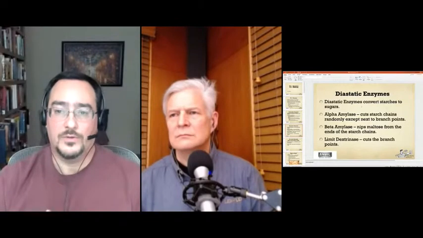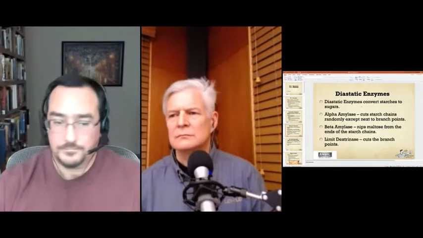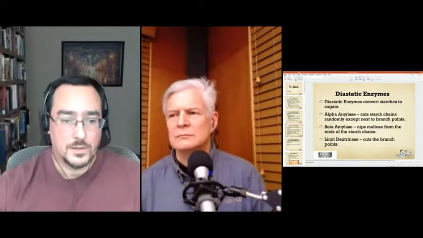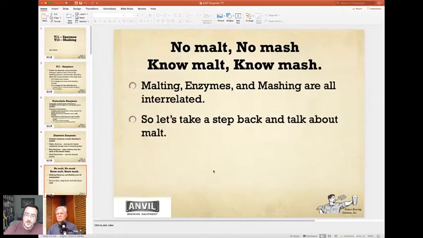So in the starch world, you have very large starch molecules, many branches, many chains, and alpha can go in and start breaking those very complex chains up into simpler chains. Beta can come along and start nipping maltose off, but when it comes to a branch point, it has to stop.